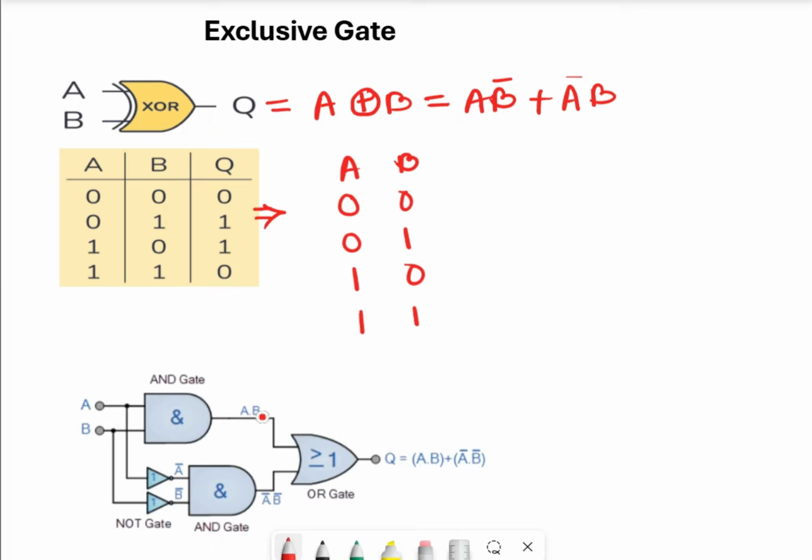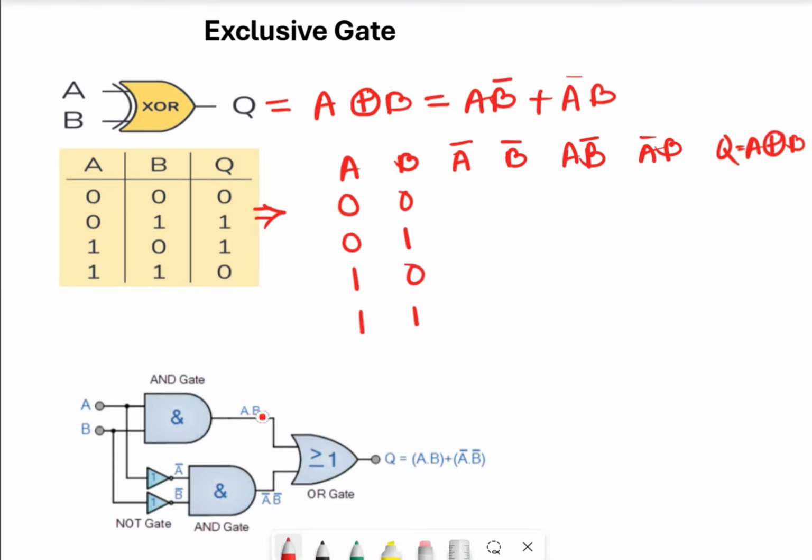Indeed, we have to have A bar as well and B bar. So we could write down A B bar and A bar B, and Q, the total output, is equal to A exclusive B, which is the sum of A B bar and A bar B.